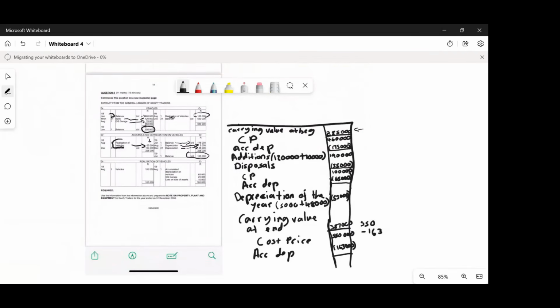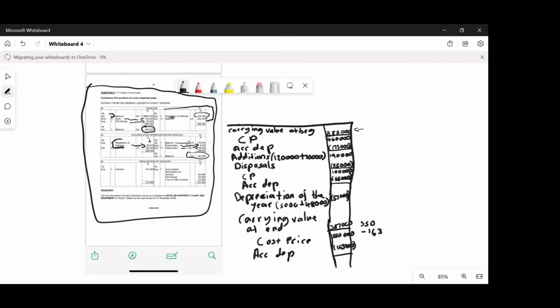Just if you go through the notes and steps of asset realization, they actually give you a briefer way when you're dealing with the PPE, because you can see all the steps that we took when they give us this T accounts is the steps that we use when you're dealing with asset realization. Step number 1, transfer the cost price of the asset sold to the asset realization account by debiting asset realization and crediting vehicles, or the asset that was sold, which is exactly what they did here.